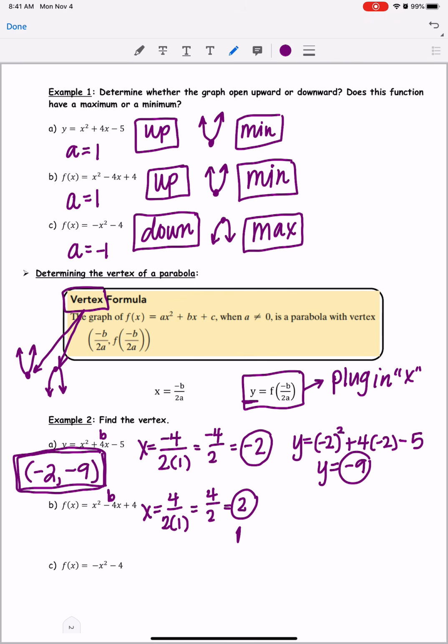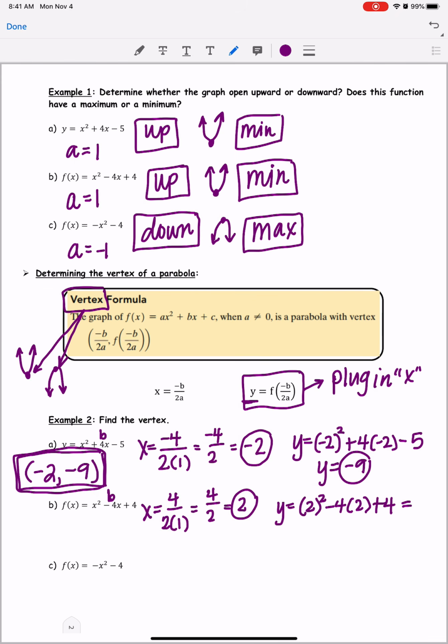So now that I have x is 2, plug in that 2 to both of these x's in your function. Okay, and even though this right here says f of x, that is just another name for y, so I'm going to say y equals again. So y equals 2 squared minus 4 times 2 plus 4.